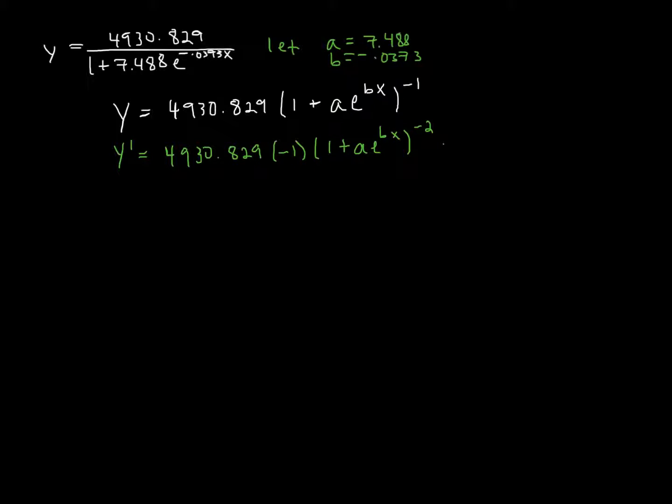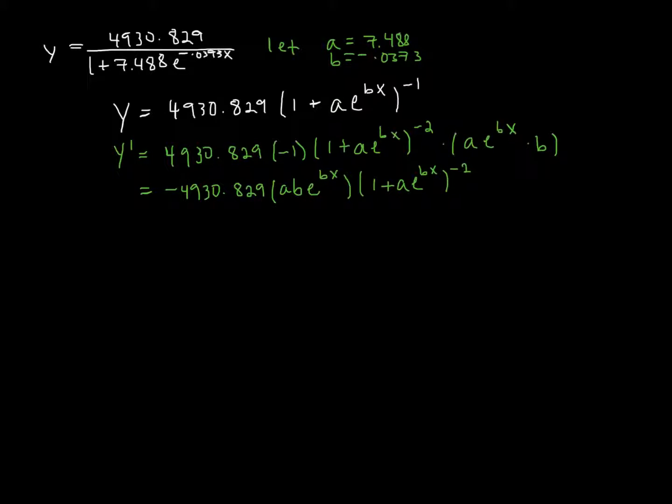The derivative of 1 is 0, and then the derivative of a e to the bx is going to be a e to the bx times the derivative of bx, which is b. Alright, so let's reorganize this a little bit. I can bring the negative 1 out front, and then I'll have a e to the bx times b, which is just ab e to the bx. And there we have our derivative.